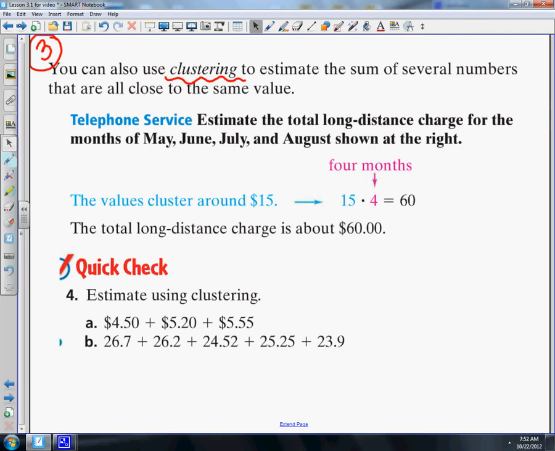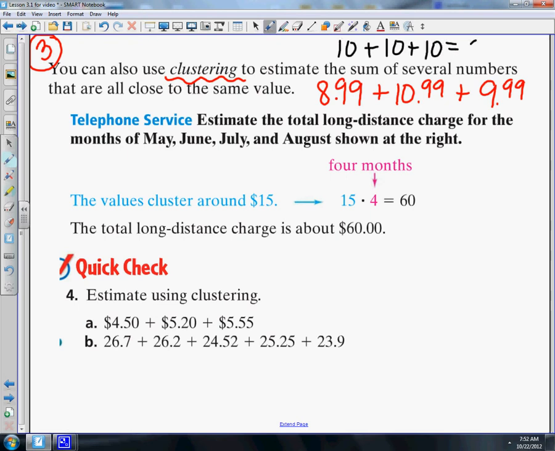So I might have one shirt that's $8.99, another shirt that's $10.99, and then another shirt that's $9.99. So I look at all of them and I say, oh, this is about 10 plus 10 plus 10. It's about $30. Whenever you have a couple of things that are all about the same, you just say 10 plus 10 plus 10 is 30 bucks. I spent about $30. So that's called clustering.